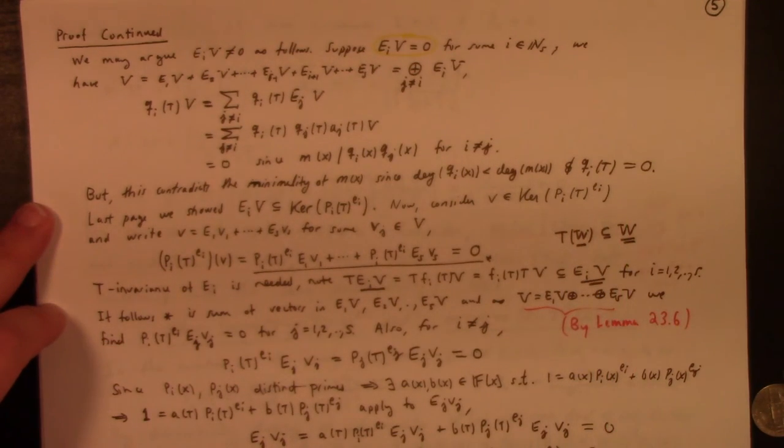And I just showed you that it is actually in the image of the ith transformation. In other words, the kernel is a subset of that. But we already proved the other containment, so that serves to prove that the kernel of the ith prime power appearing in the minimal polynomial is in fact the image of E_i on V. Therefore, the kernel of that is equal to that.